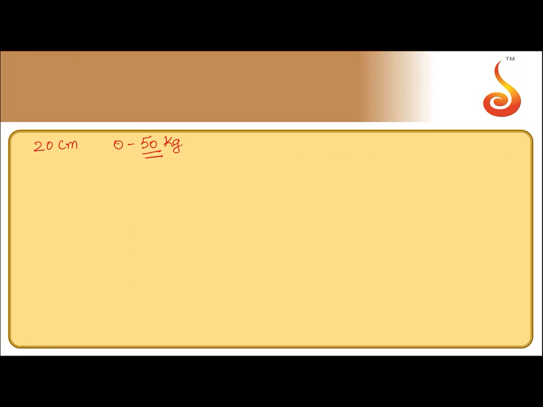That means when the maximum weight is added, maximum will be the displacement. That means for 50 kg weight, elongation should be equal to 20 centimeter. So this should be the case.